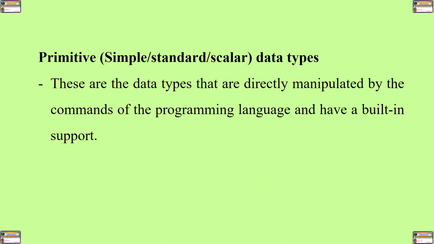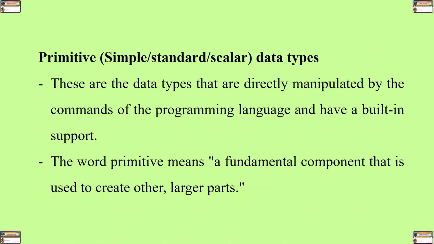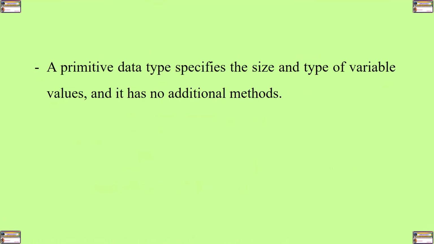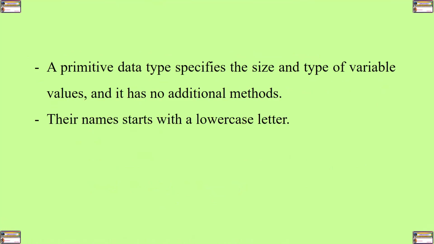Their meaning is known and their sizes are known by the compiler or the translator. The word primitive means a fundamental component that is used to create other larger parts. A primitive data type, therefore, specifies the size and the type of variable values, and it has no additional methods.